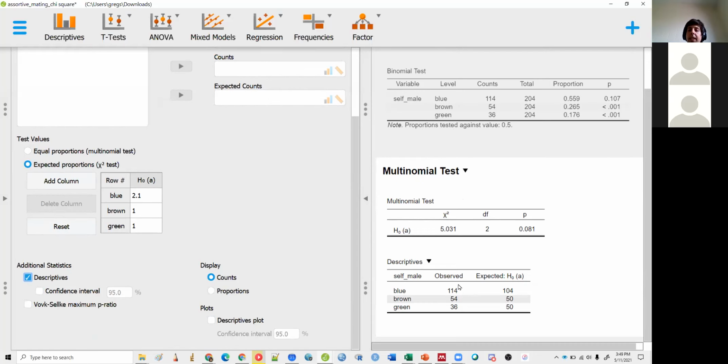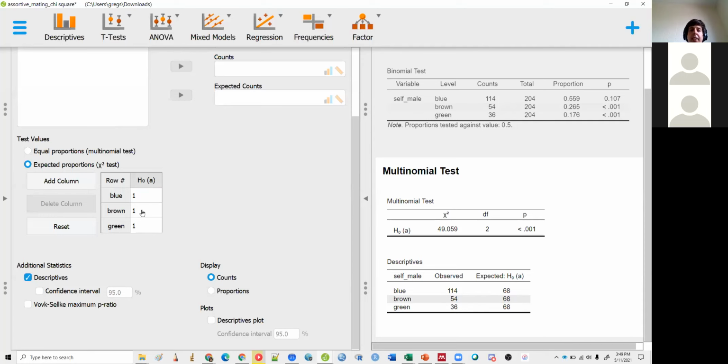So once again, you see the observations and the expectations. The expected values here of 104, 50, and 50 are based on these proportions that we just modified.